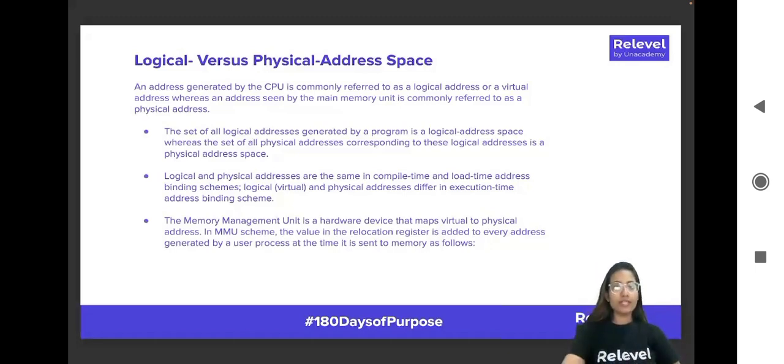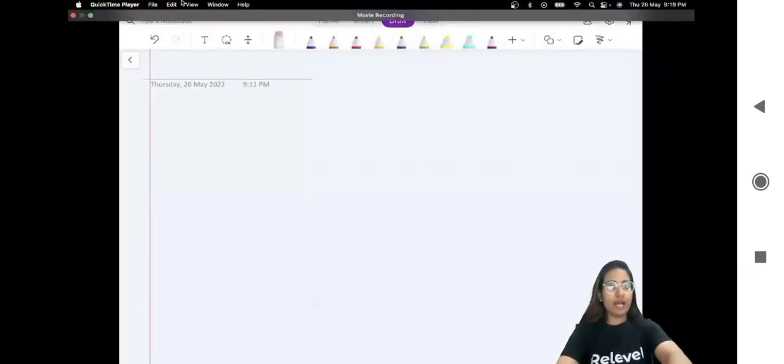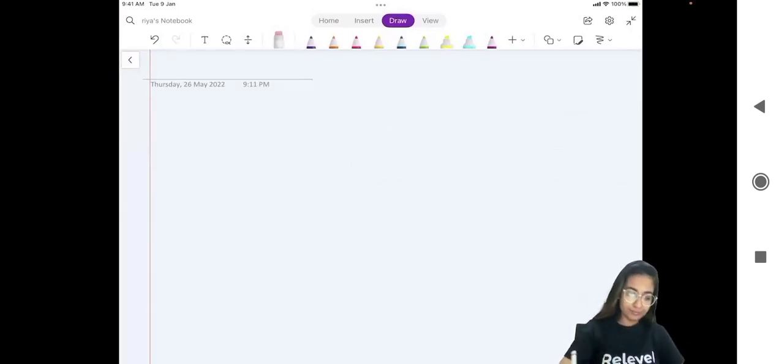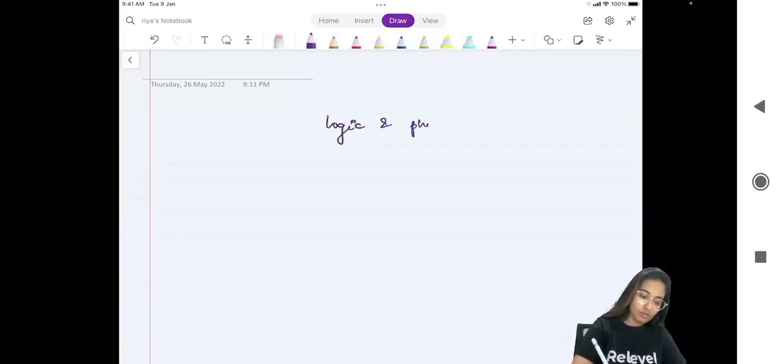Let me write it down so that you can have a better understanding. We are talking about the concept of logical and physical address space.